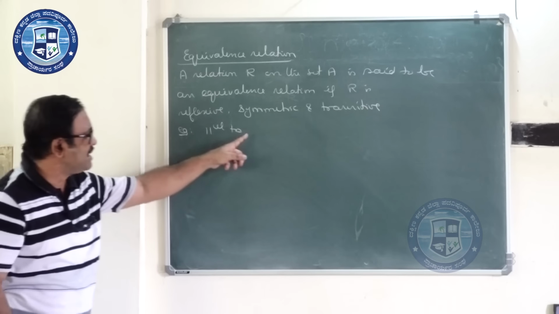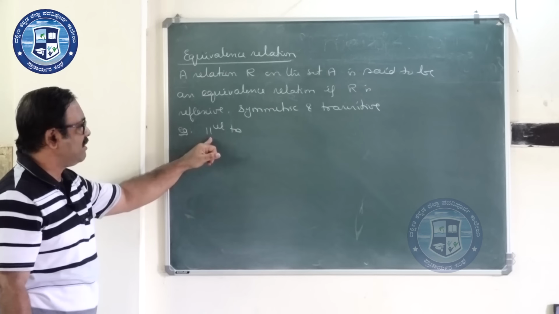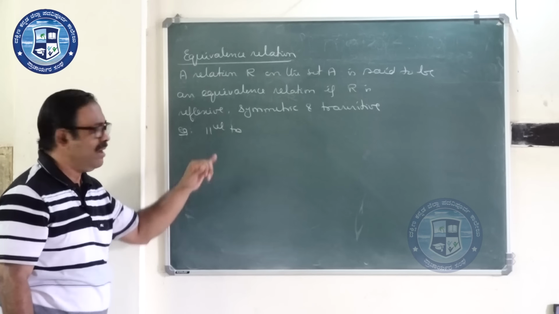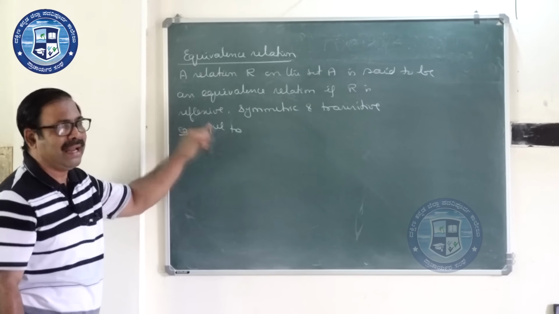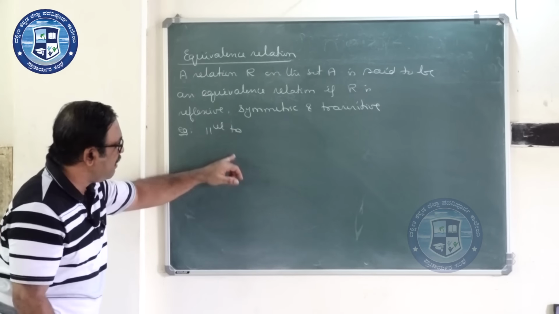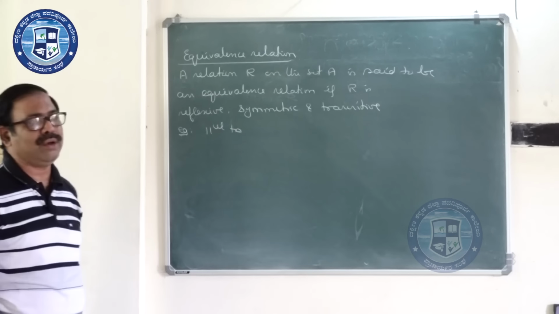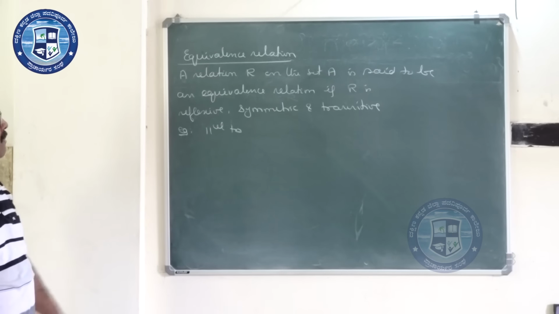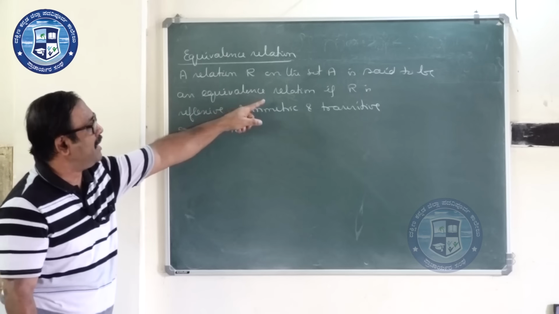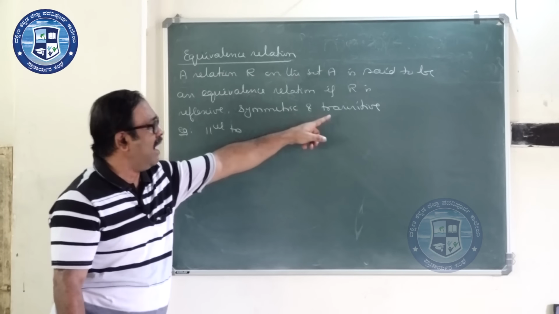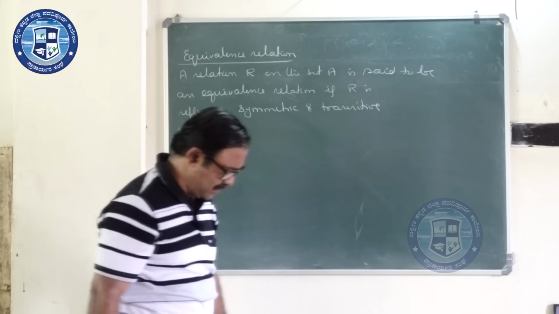I said this is reflexive because line A is parallel to line A. Symmetric, because line A is parallel to line B, then line B is parallel to line A. Transitive, line A parallel to line B parallel to line C, then line A parallel to line C. Hence, this is an example of equivalence relation, because it is reflexive, symmetric and transitive.